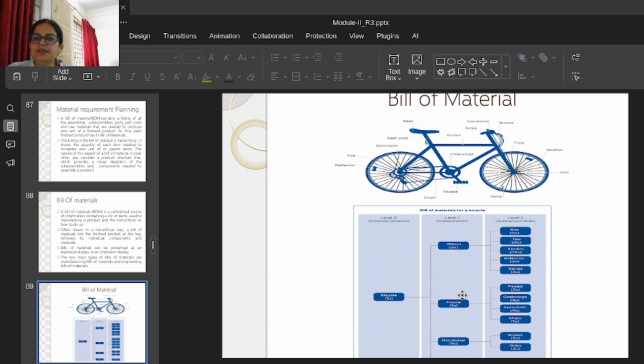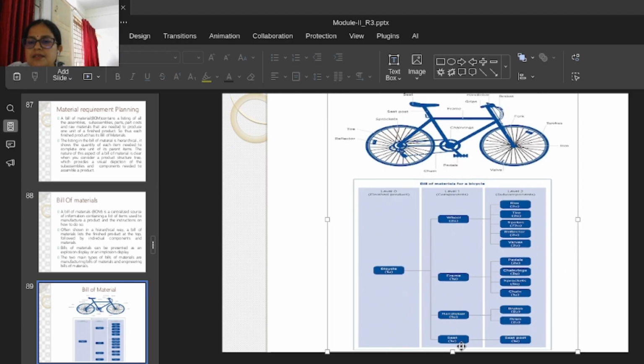This is the bill of material if you see. The end item is a bicycle we are producing. So, what are the components in this is in level 0. In level 1, we get the wheels, the frame, the handle. This is the seat.